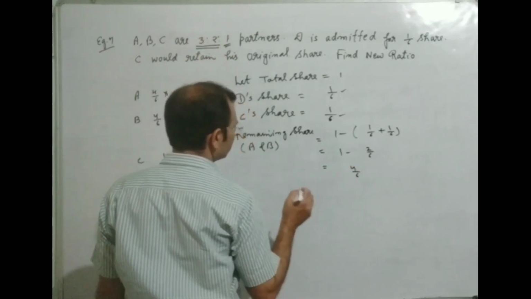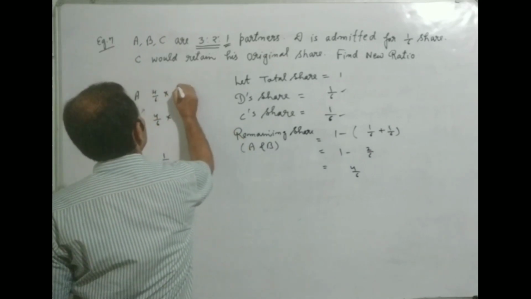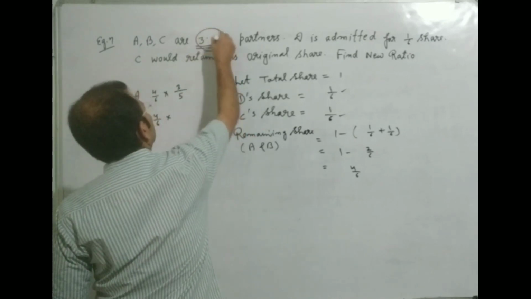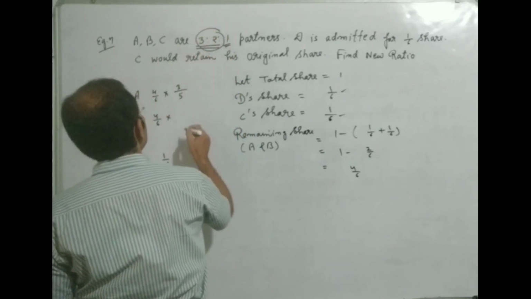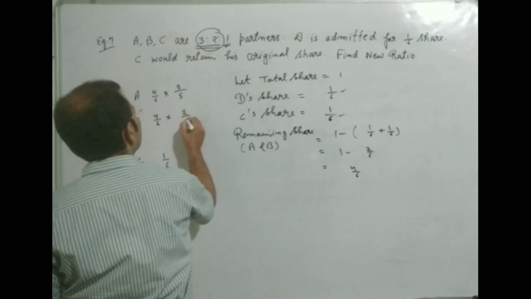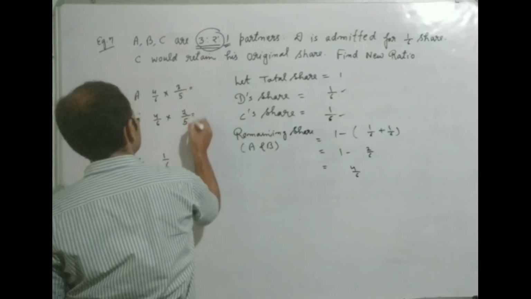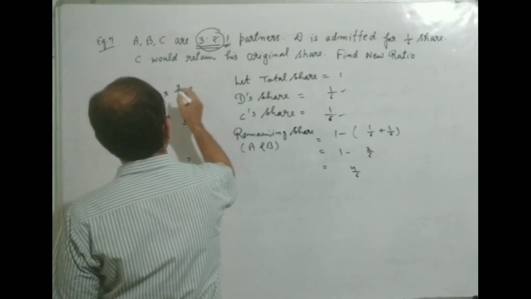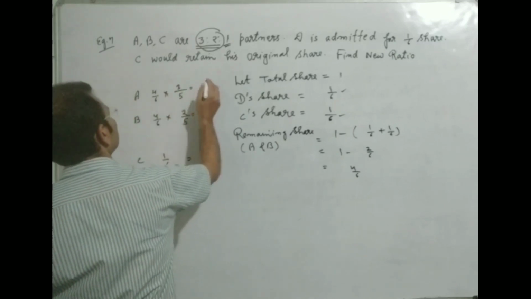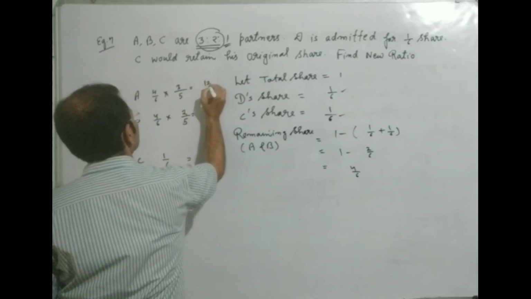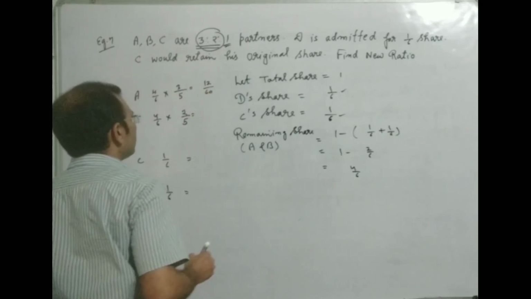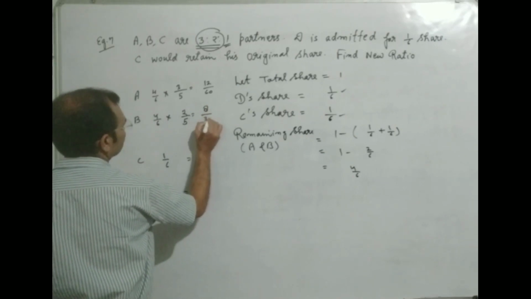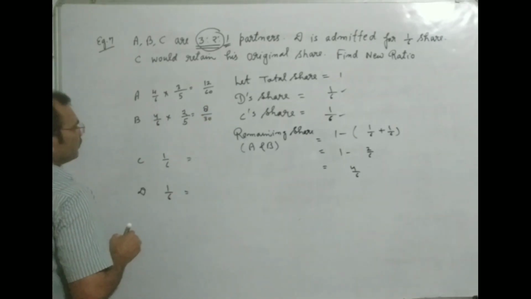So this 4/6 will be divided in 3:2, meaning A's part will be 3/5 and B's part will be 2/5. After doing this, the question will be solved. Let's see. 12/60 will come, and 8/30 will come.